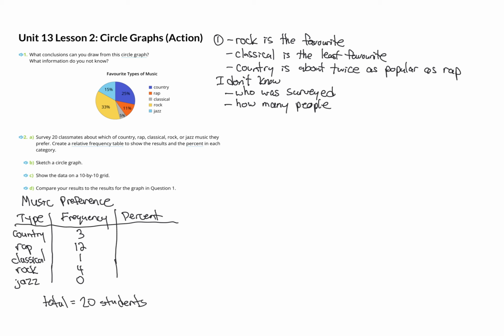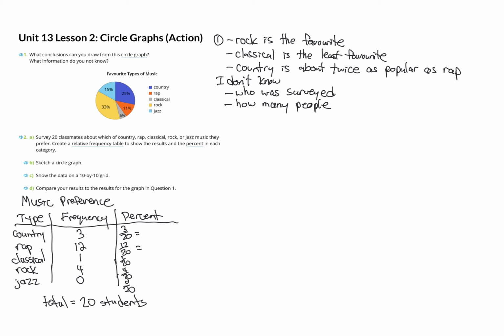To figure out the percentage for each, we're going to divide the frequency into the total. We can represent that using a fraction: 3 out of 20, 12 out of 20, 1 out of 20, 4 out of 20, and 0 out of 20.